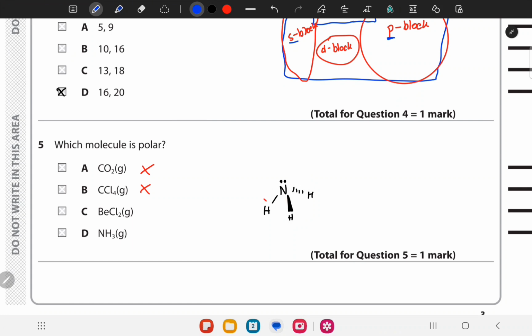Sorry, I drew the arrows the wrong way around. So D is our answer over here.